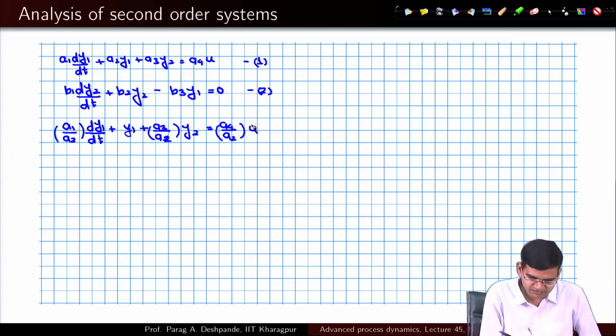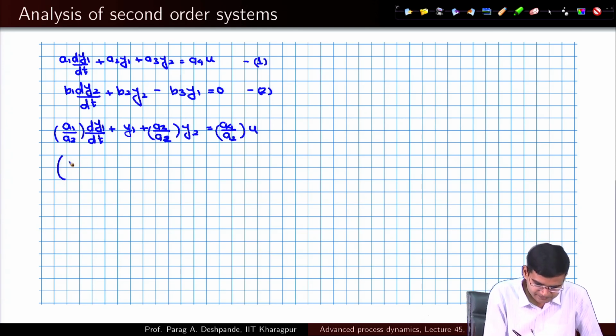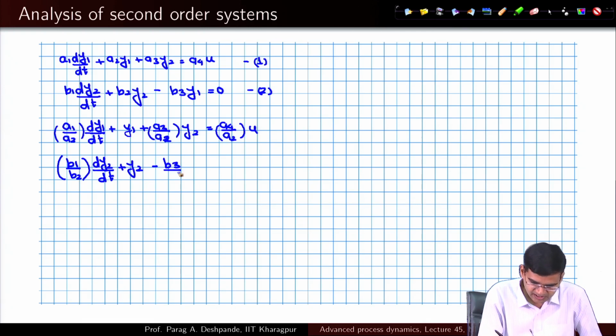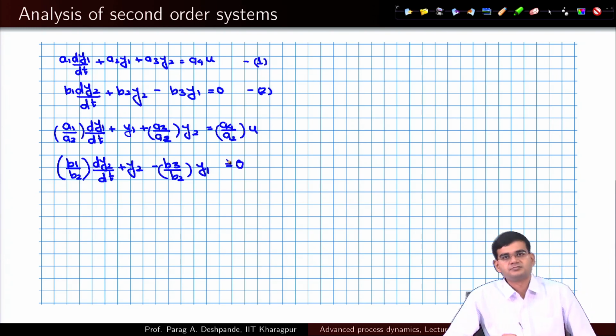Similarly, I will put equation 2 in the standard form: B1 by B2 dy2 by dt plus y2 minus B3 by B2 y1 is equal to 0.